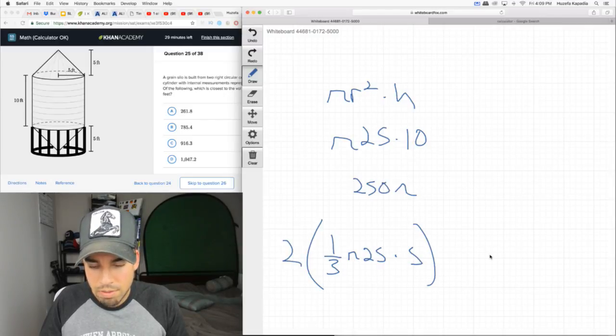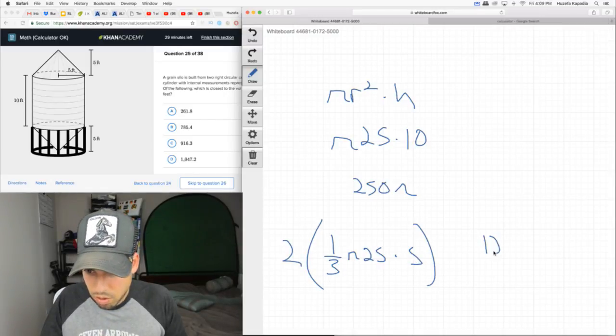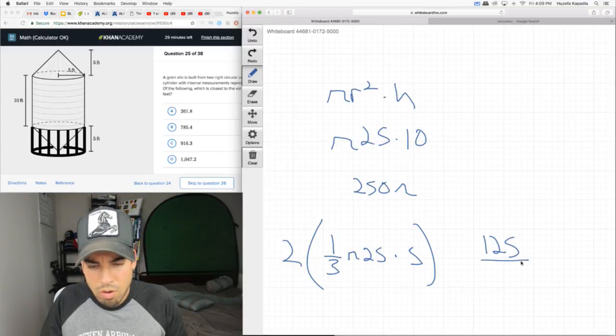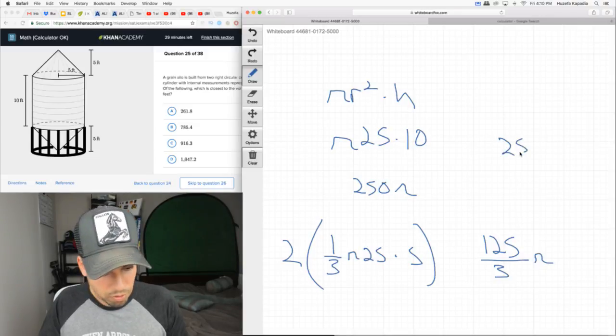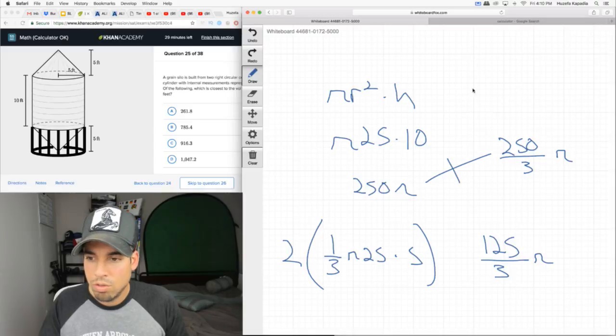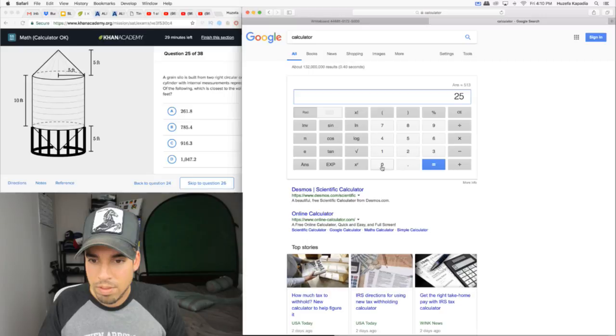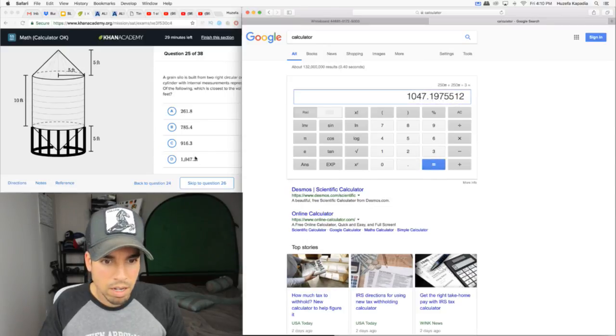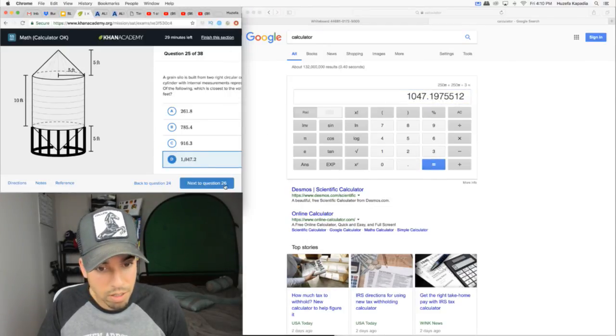So this is 125 over 3, and then times 2 is 250. Then we add these two: 250 pi plus 250. I think I did that correctly. It must be, because the answer's there.